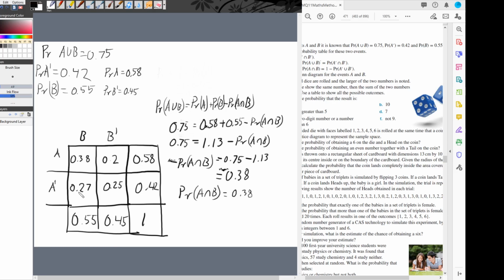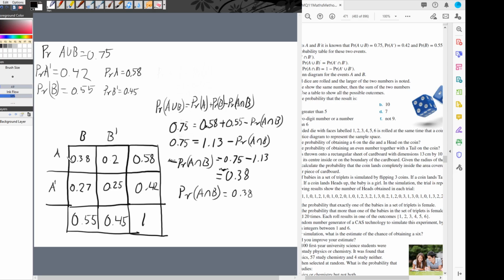Now, some of you are probably saying, but sir, you did that wrong. Yes, I did. So one thing you can do, if you ever make a mistake, is check if the rows match the columns. So I said 0.38 plus 0.27 is 0.55, and then I did 0.2 plus 0.25 is equal to 0.45.